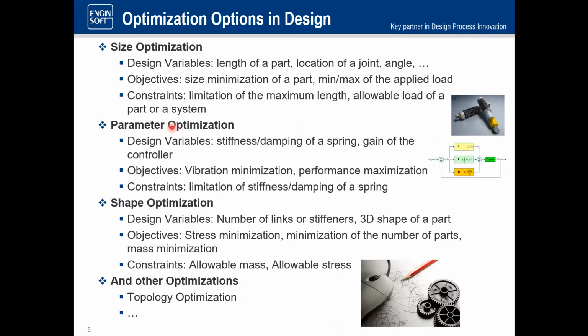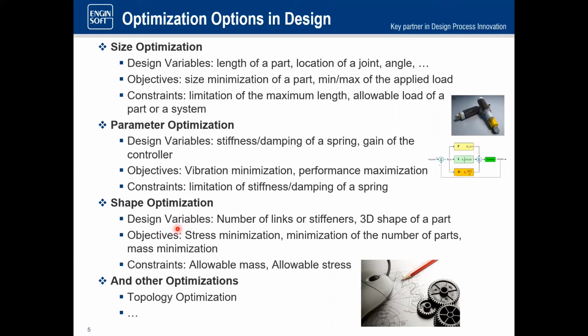And then, basically with the size optimization, we're typically trying to minimize the overall volume of the part or the set of parts, and also looking at trying to minimize loads or stresses. Constraints would be limitations on the different dimensions, and also there could be constraints on maximum loads.